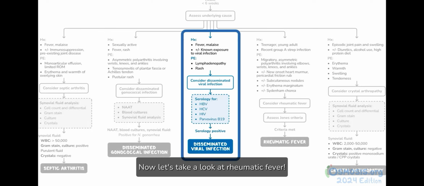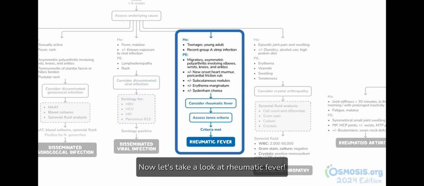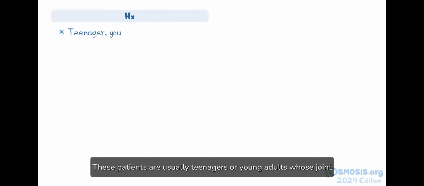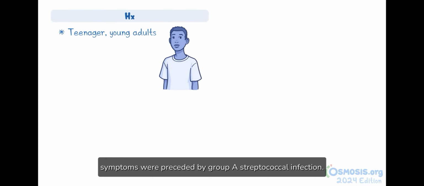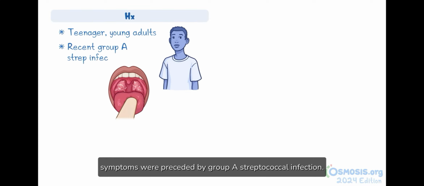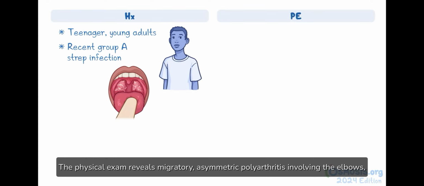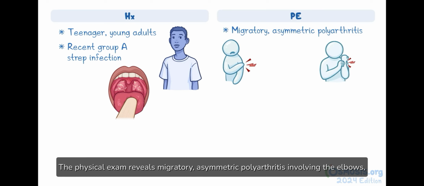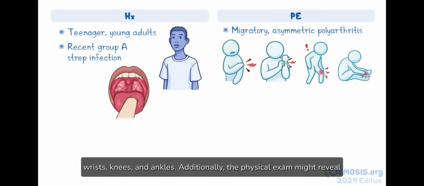Now let's take a look at rheumatic fever. These patients are usually teenagers or young adults whose joint symptoms were preceded by group A streptococcal infection. The physical exam reveals migratory, asymmetric polyarthritis involving the elbows, wrists, knees, and ankles.